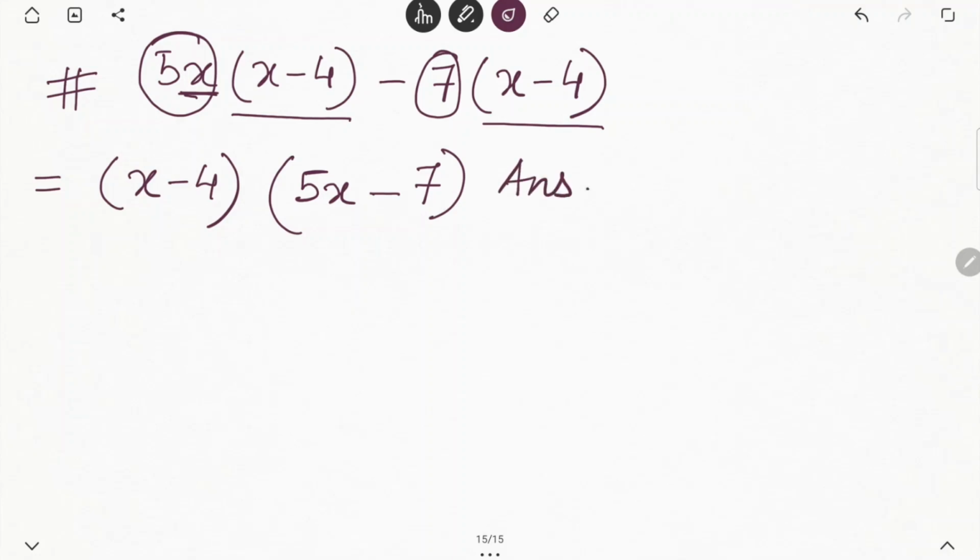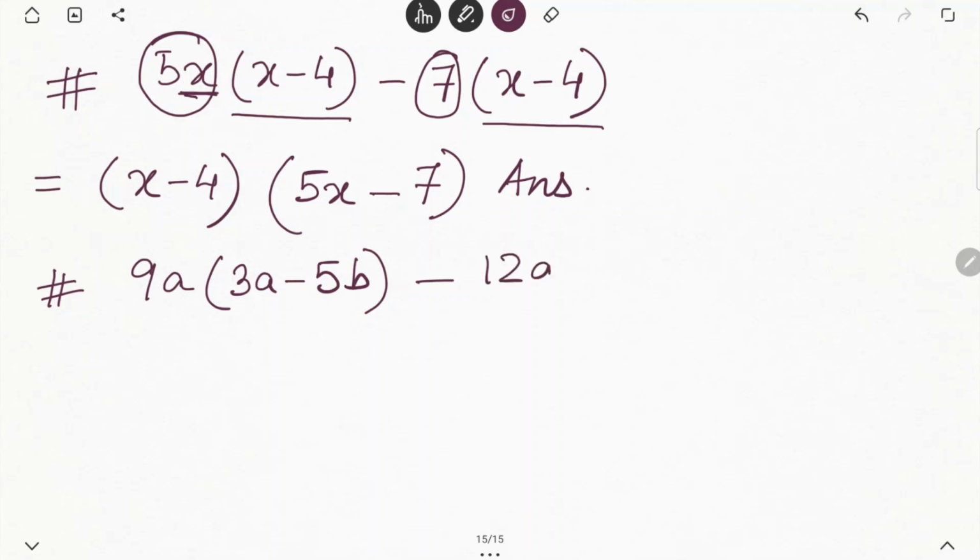Okay. Similarly, if you take this example, say 9a into 3a minus 5b minus 12a square into 3a minus 5b. So first what we take out common is what we can see easily.